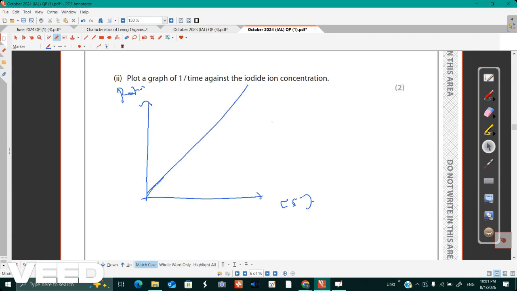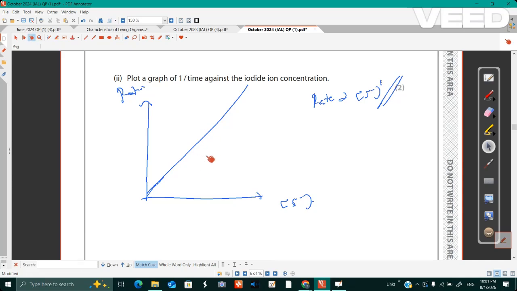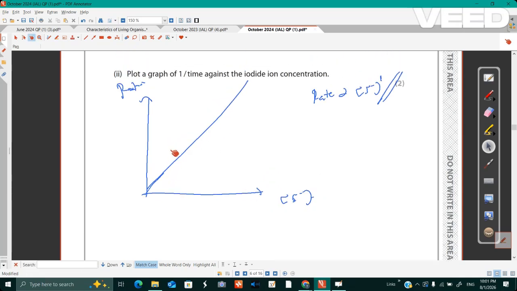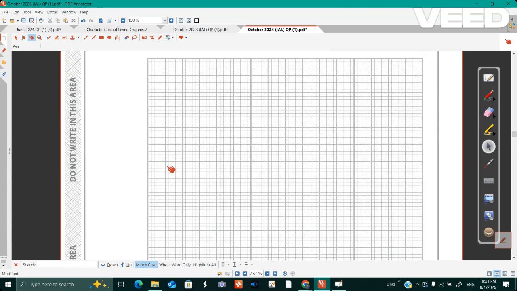So a straight line means the order must be one. That is why you are getting a straight line, right? By looking at the graph, you can decide on the order. So they must be asking what is the order.